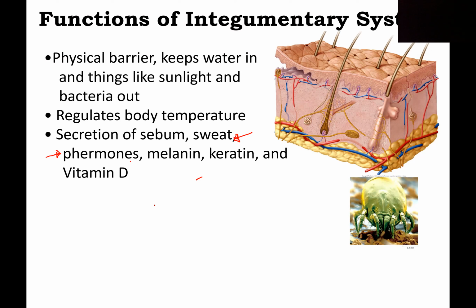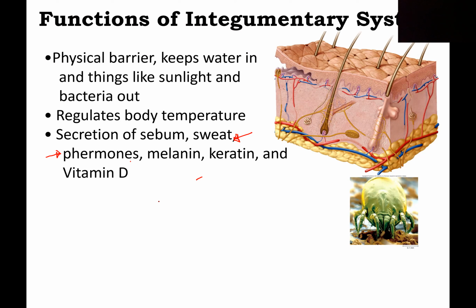They can use it to mark territories. They can use it to mark a trail back to a food source. Like with ants, they all show up in a big long line. Bees use it to mark a line back to a food source.